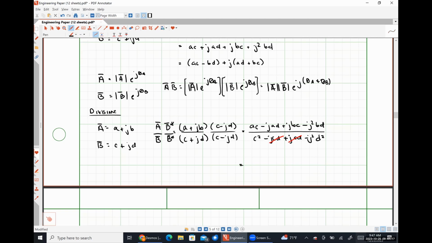And so from this, we get (AC plus BD) divided by (C squared plus D squared), plus j (BC minus AD) over (C squared plus D squared). And now we have it explicitly as a rectangular form complex number like we would expect.